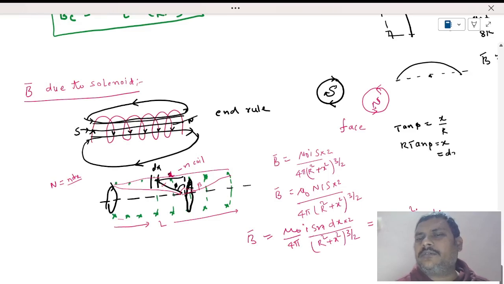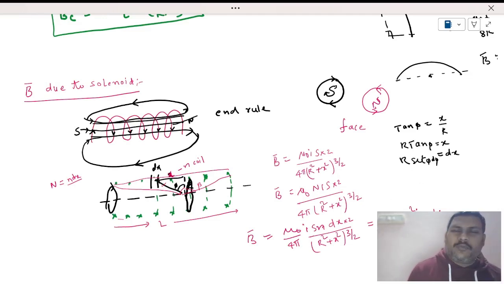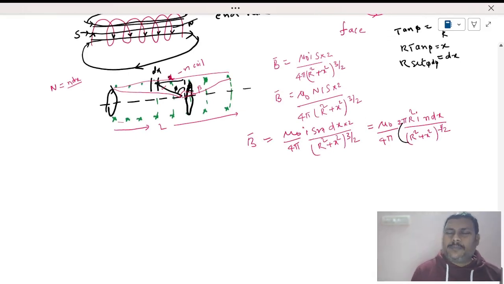Then dx is equal to r sec square phi d phi. Now you substitute this into the formula. Finally, r square and 2 pi get cancelled, denominator 2 pi, otherwise keep it like that, not a problem.